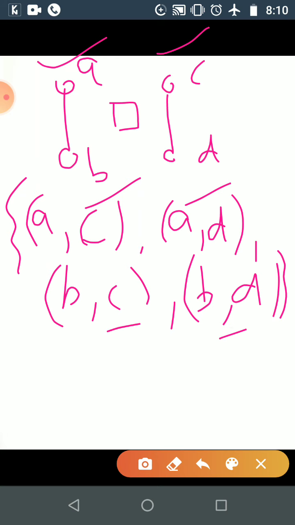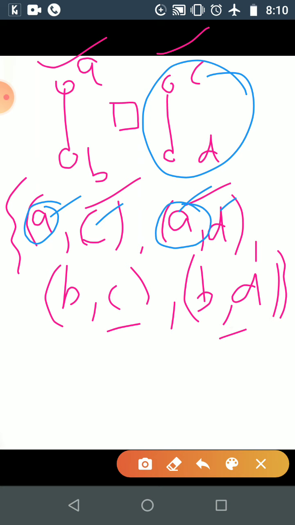So here we have these 2 vertices if you take, and here the first vertex is same and the second vertex is forming an edge in H. So these will be adjacent. So suppose this is AC and this is AD.